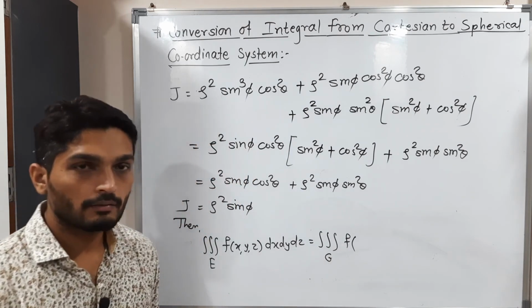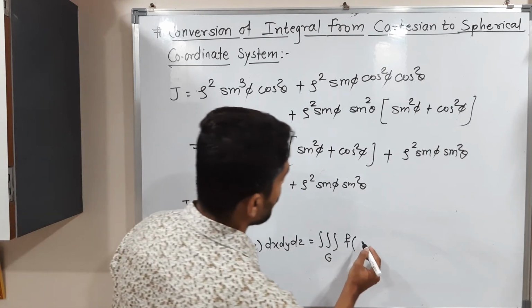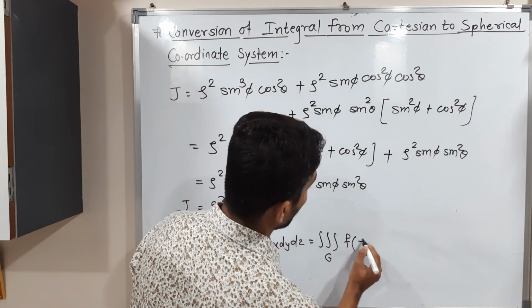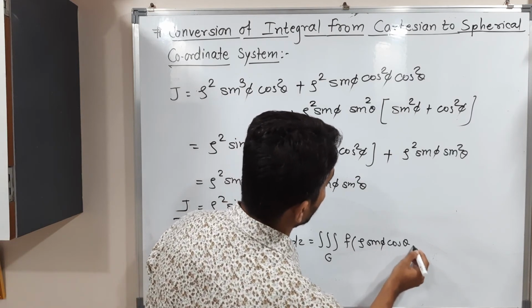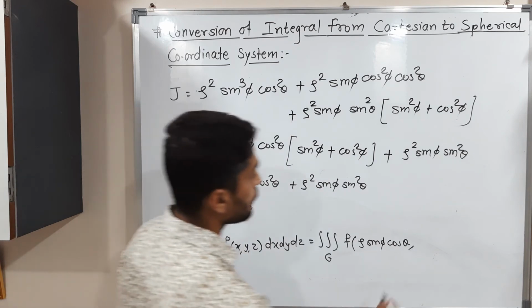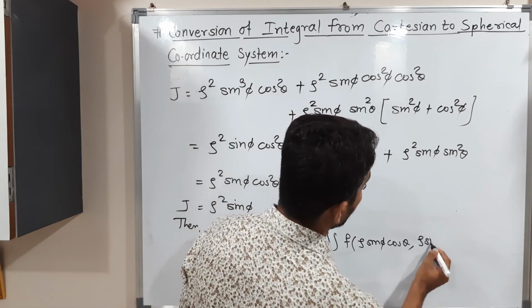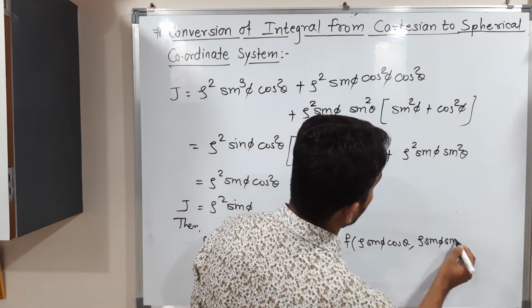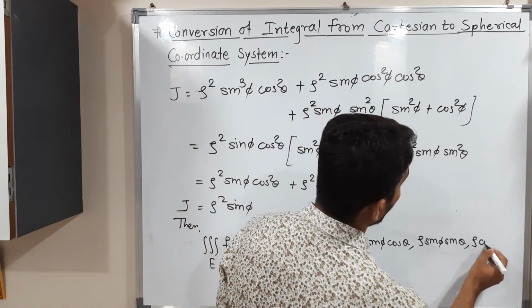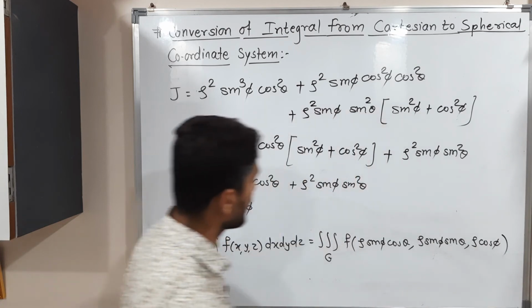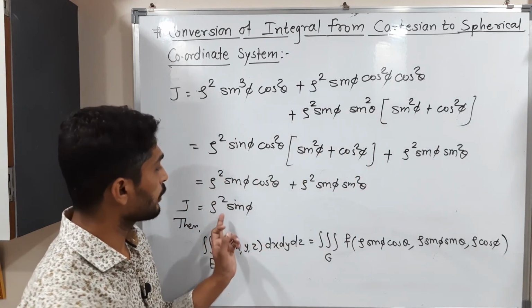We are shifting this integral to rho, phi and theta. So this is f of rho, x is rho sin phi cos theta, okay, y is equal to rho sin phi sin theta, and z is equal to rho cos phi, okay. After that we write the Jacobian.